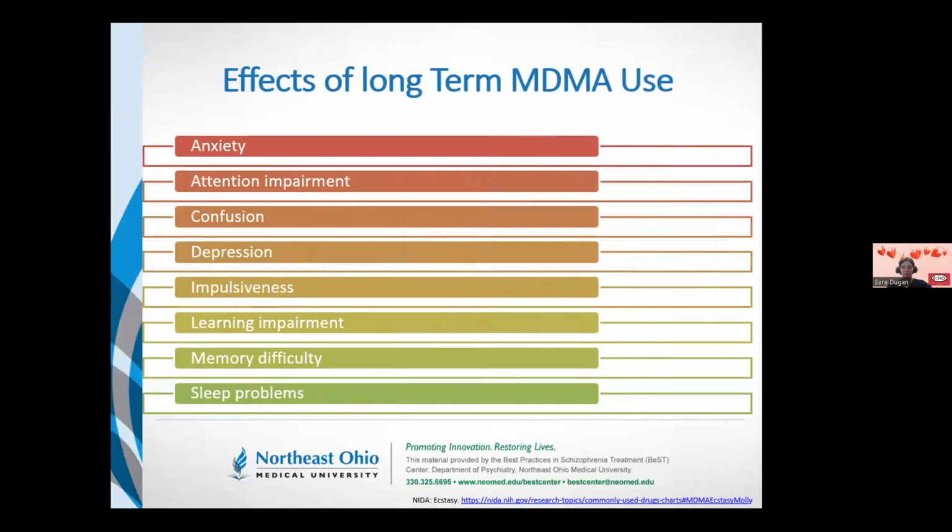In terms of long-term, so that could happen right when an individual is taking this, but if they're taking the MDMA on a more chronic basis, we saw that there is the potential for additional changes.